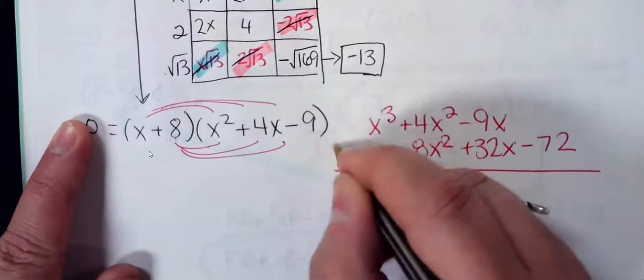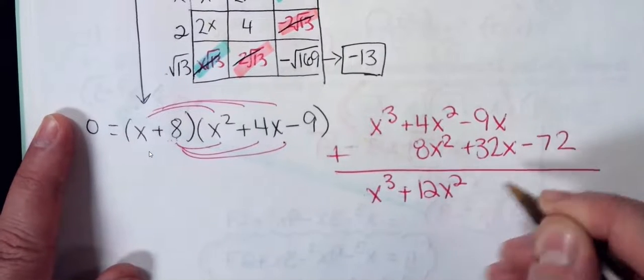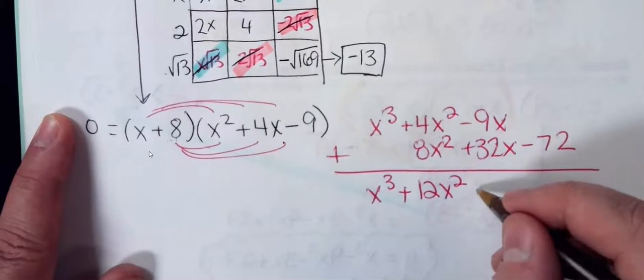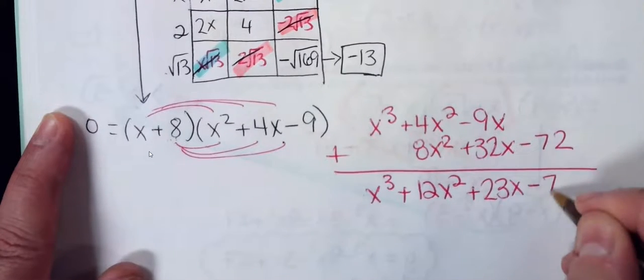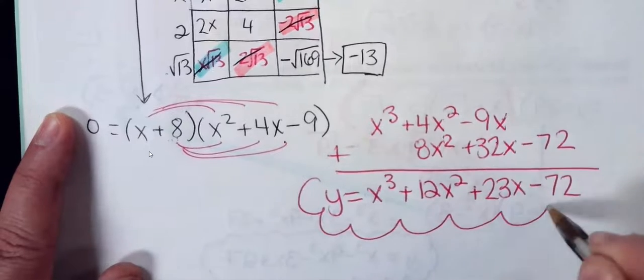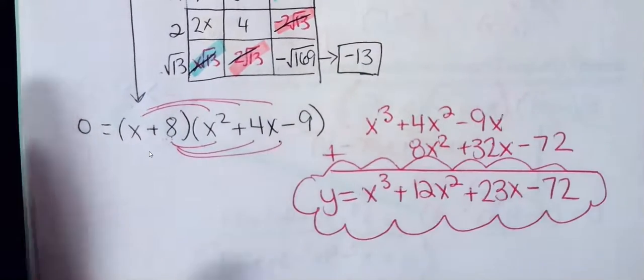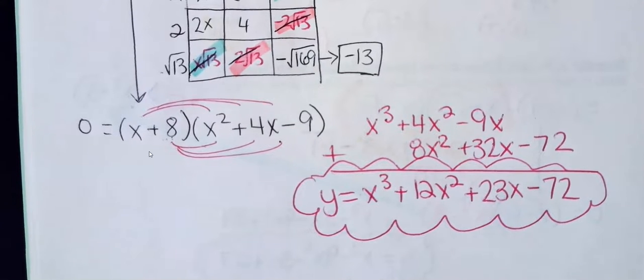And just combining like terms here, this is going to be x cubed plus 12x squared, -9 and 32 is going to give you 23x, and then there's nothing to combine the -72 with. So this would be my polynomial with those zeros. The factored form would be what we started out with, and what we ended with would be the standard form.